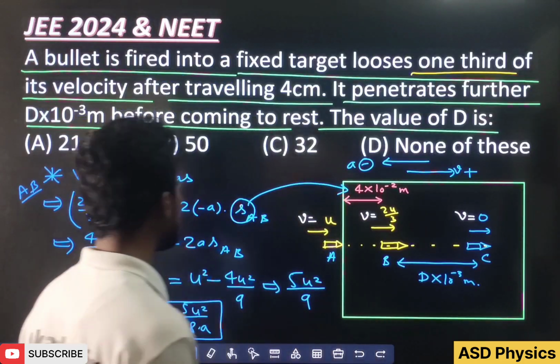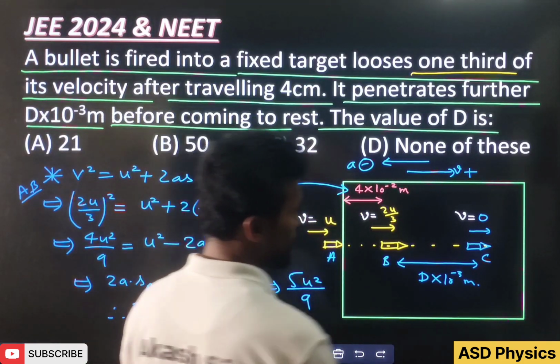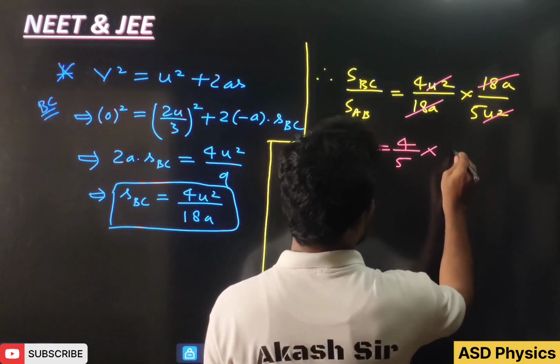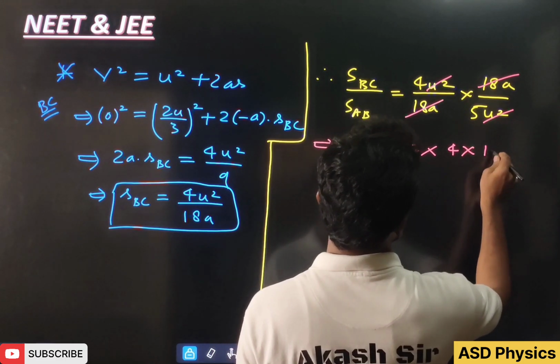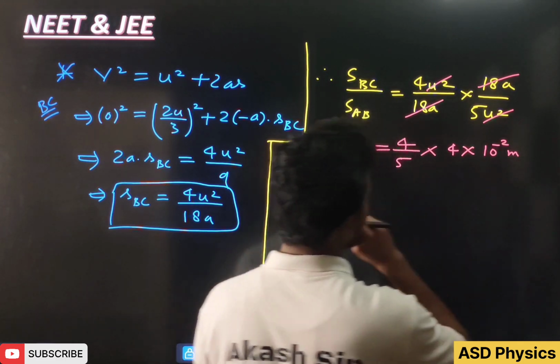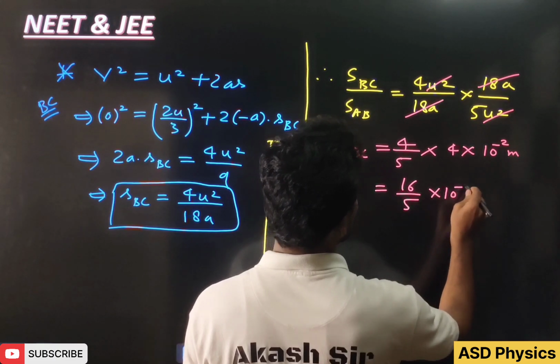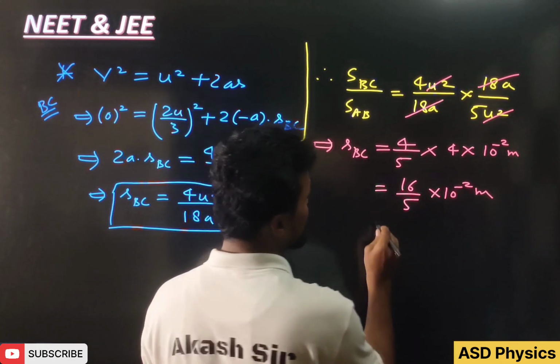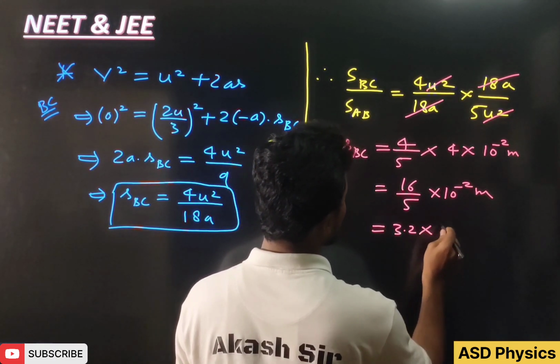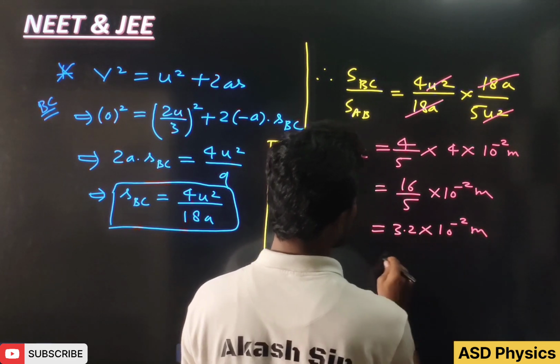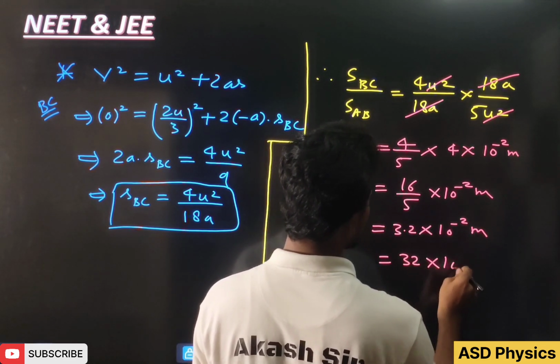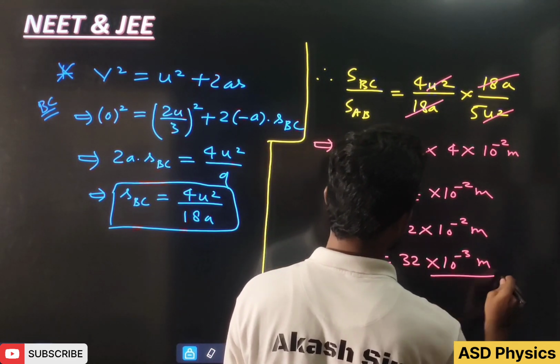And what was the SAB? As I have told you, 4 centimeter. That means we can write 4 into 10 to the power minus 2 meter. Okay, so it will become 16 by 5 into 10 to the power minus 2 meter, correct? Or we can write 3.2 into 10 to the power minus 2 meter. Simplify this further: 32 into 10 power minus 3 meter.